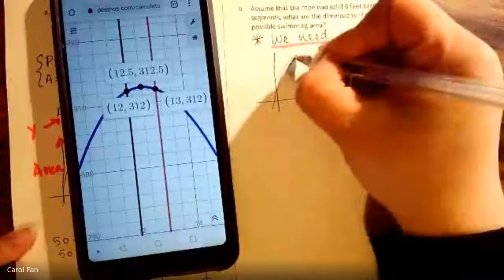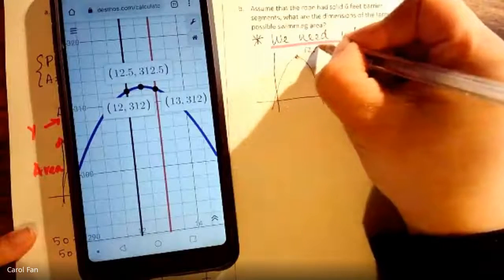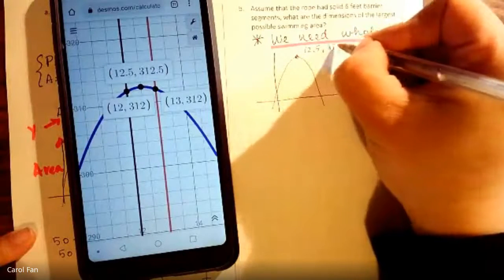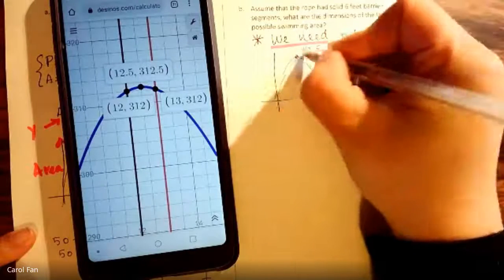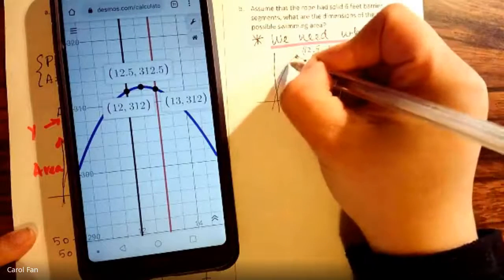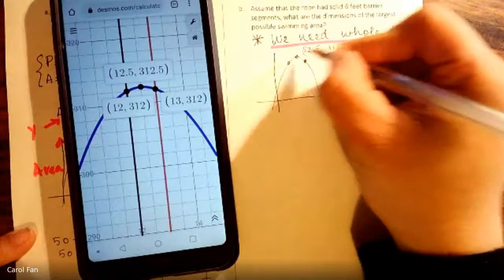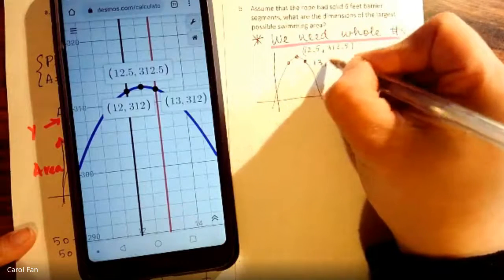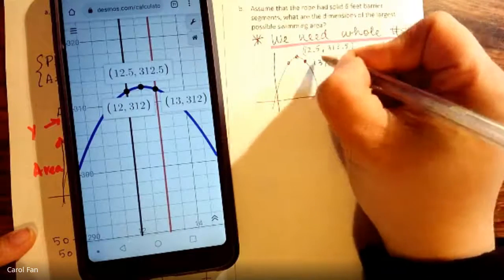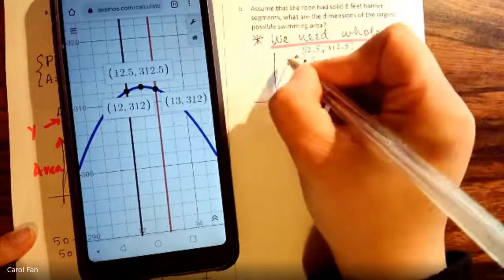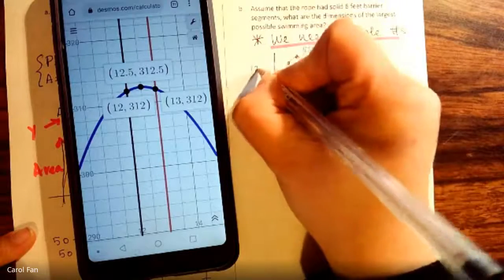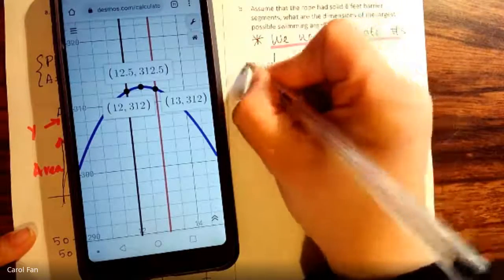I'm going to sketch it again. The vertex is 12.5 and 312.5, and the two other possibilities closest to 12.5 would be at 13 and 312, or at 12 and 312.